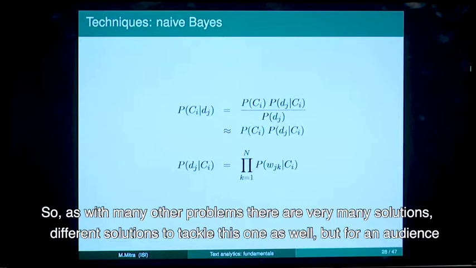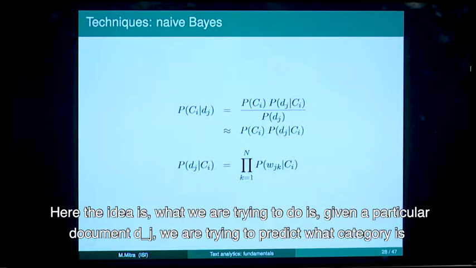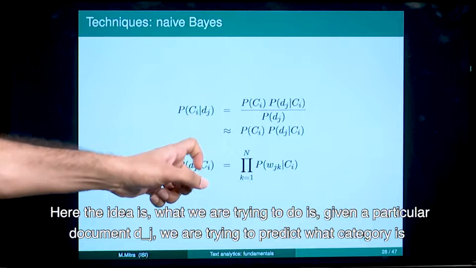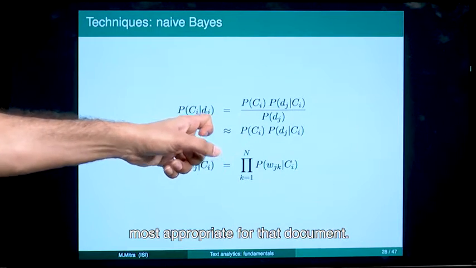As with many other problems, there are very many different solutions to tackle this one as well, but for an audience that is primarily interested in statistics, perhaps the naive Bayes approach has a particular appeal. Here, given a particular document dj, we are trying to predict what category is most appropriate for that document.